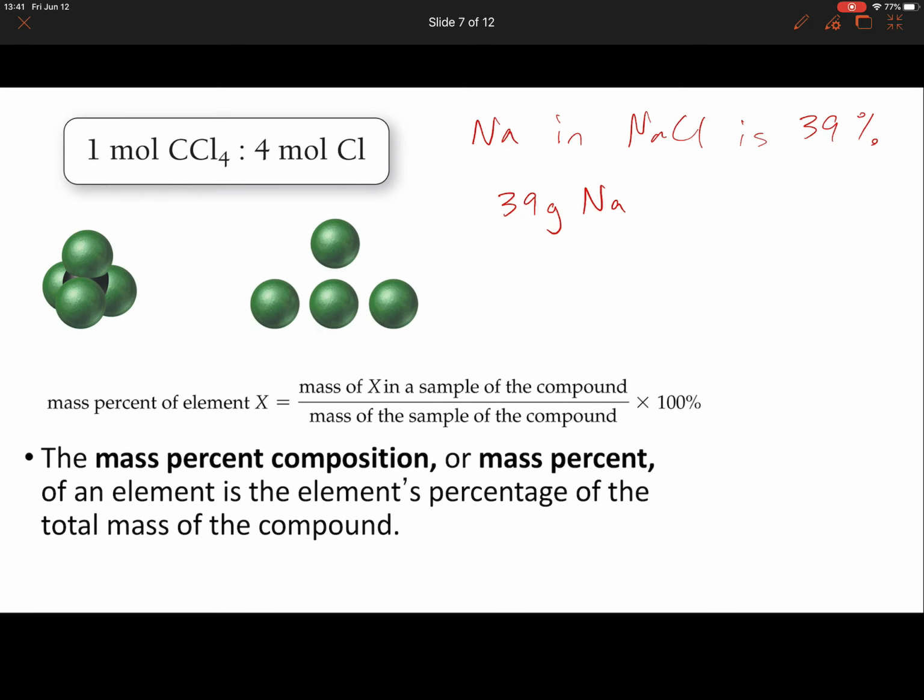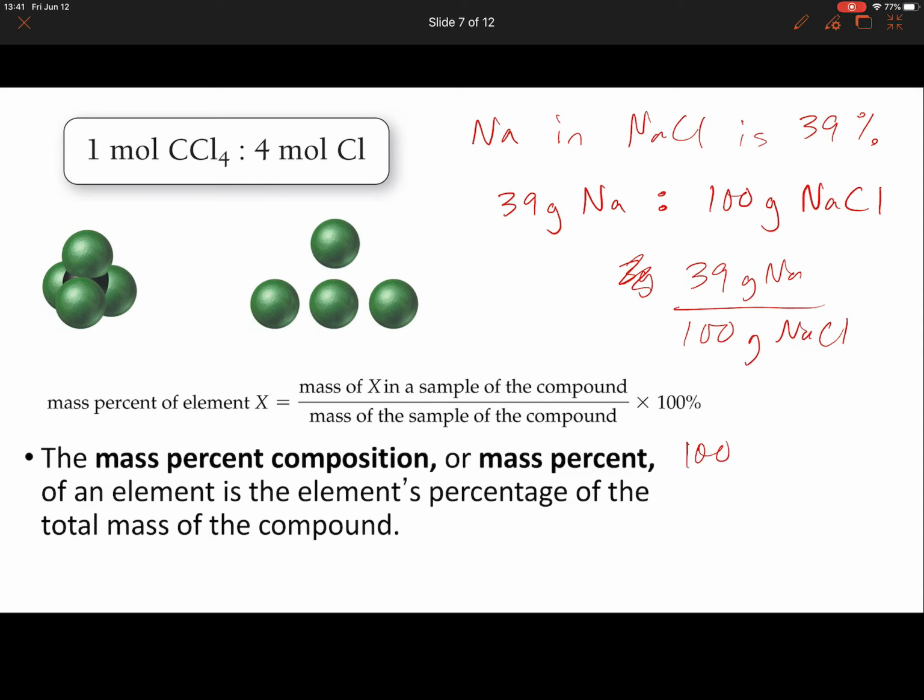So 39 grams of sodium to every 100 grams of sodium chloride. We could use this in any ratio. We could say there are 39 grams Na over 100 grams NaCl.